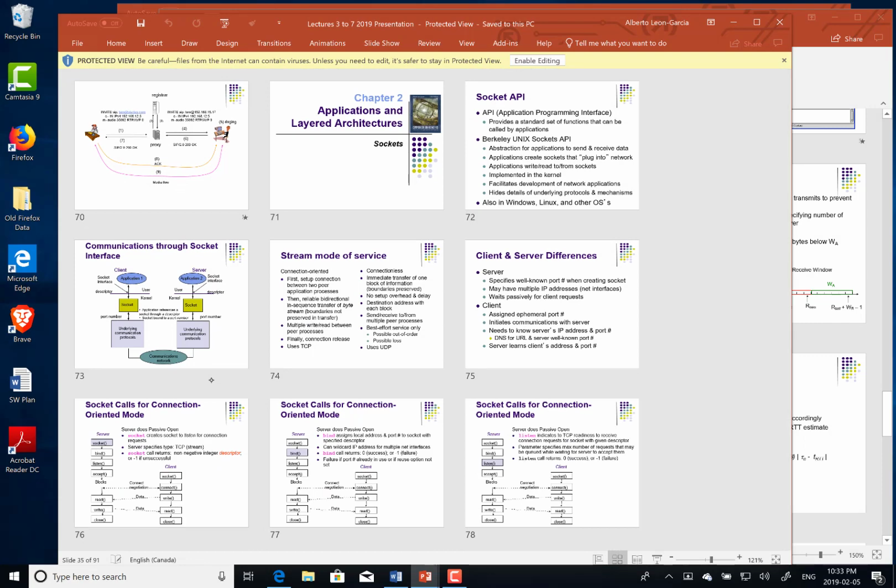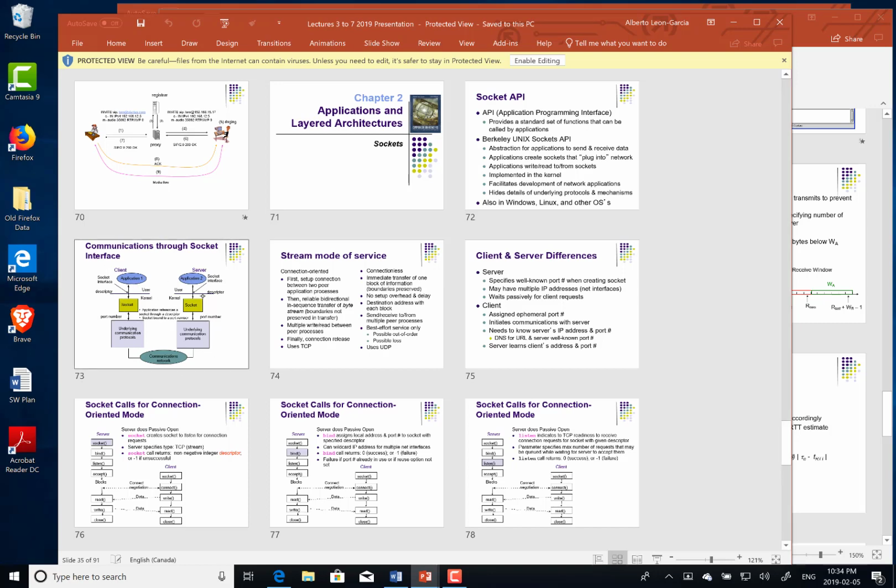Okay, the next topic was sockets, and sockets basically teach you how, as a programmer, you can access the services provided by TCP and UDP. And basically, these are done through an API called a socket. Below the API, in the kernel of the operating system, you have port numbers and IP that provide you with TCP or UDP transfer.